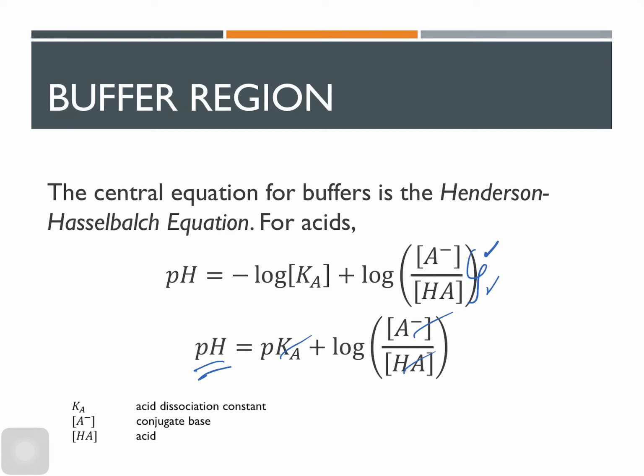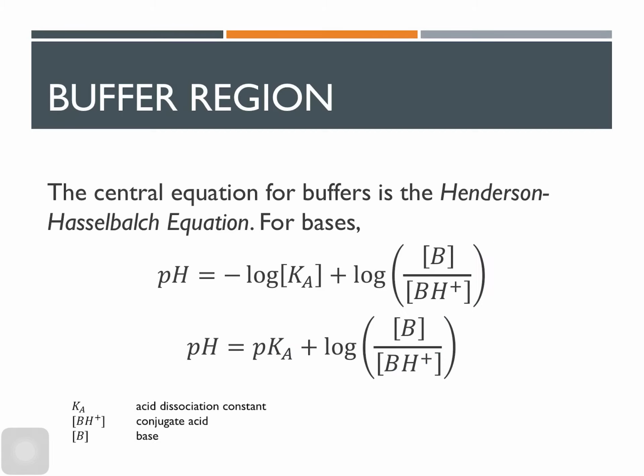The counterpart for bases is this. By the way, this is the counterpart equation for bases. You still have this equation and this part, the concentration of the base and the conjugate acid. The two concentrations are very easy to solve.